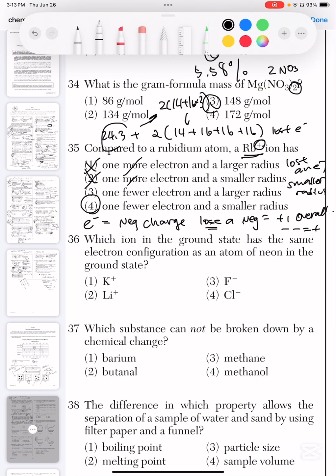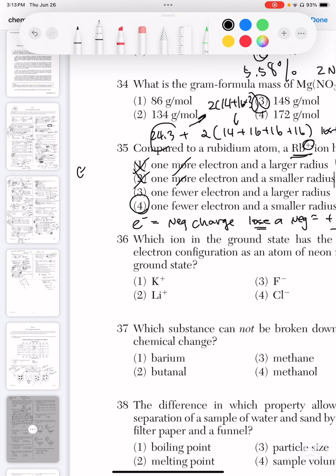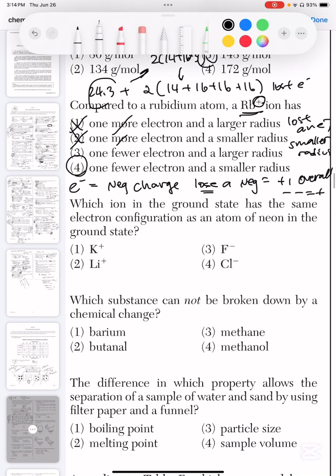Why? Well, that's because rubidium is in group 1. After losing the 1 electron, it would have the same electron configuration as krypton, so it would be a much smaller radius.